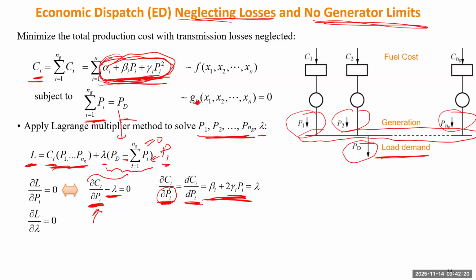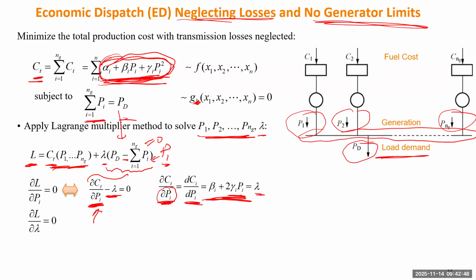The first type of zero gradient vector elements means the derivative of each power plant cost with respect to the power plant output needs to be exactly lambda. And that is the same lambda for every power plant.